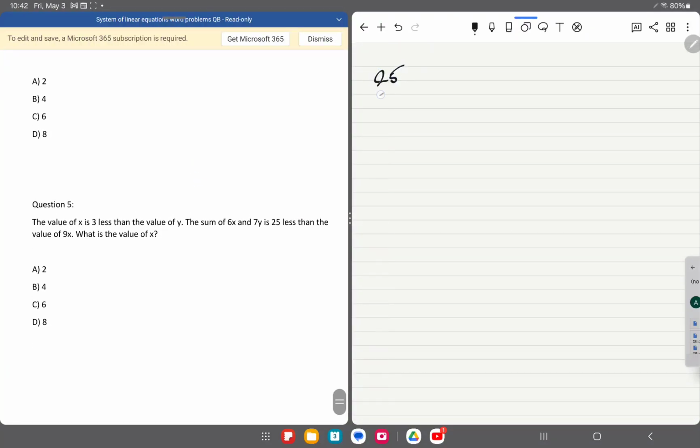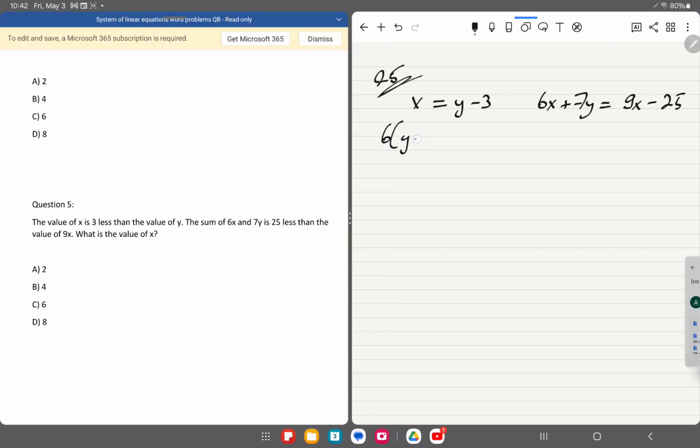Question 5. So, x is 3 less than y. 6x plus 7y is 25 less than 9x.